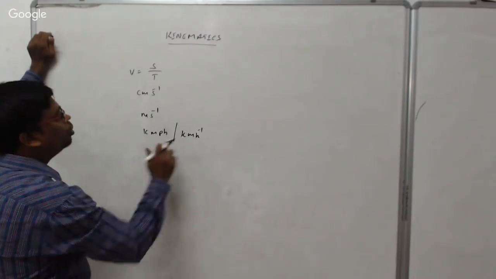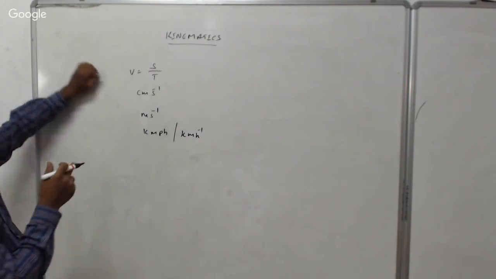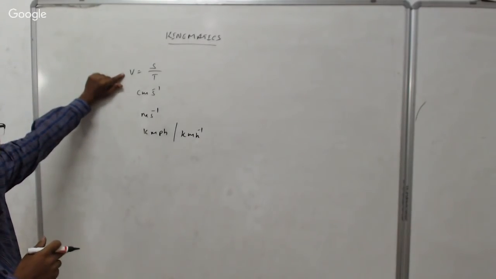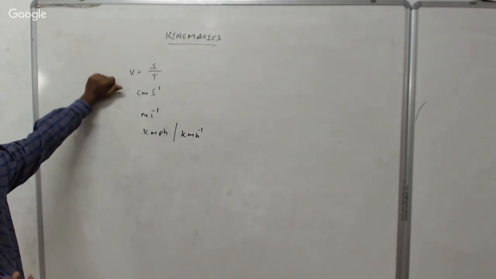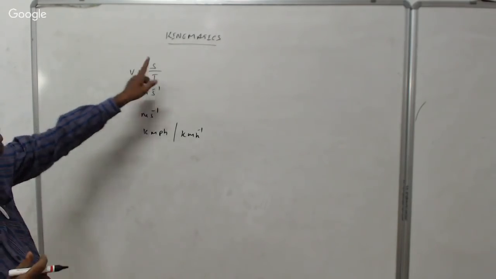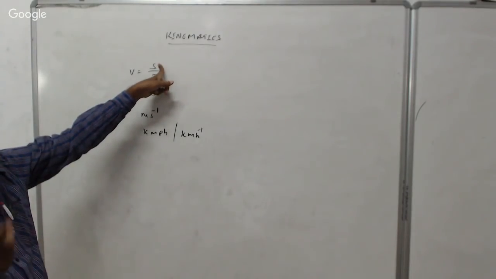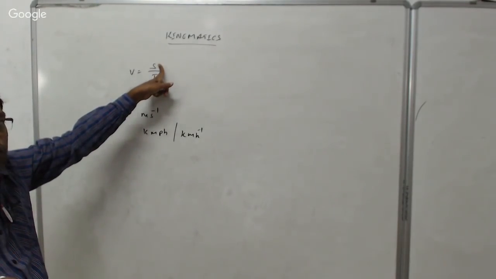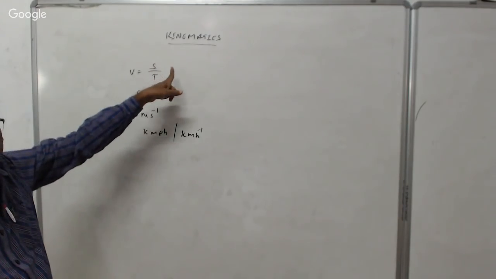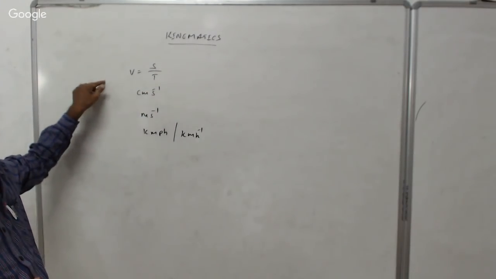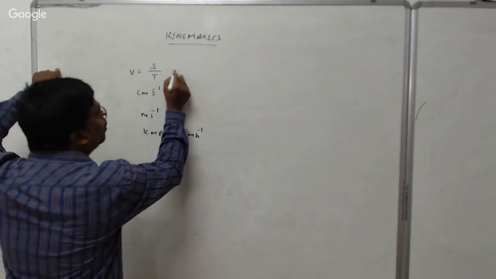By seeing this formula, you can clearly say that speed is a scalar quantity. Why is it a scalar quantity? As distance is not dependent upon the direction, distance is a scalar quantity. Speed is a measure of distance by time, therefore speed is also a scalar.